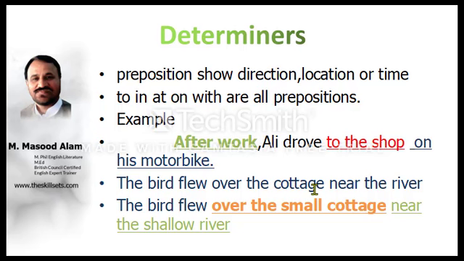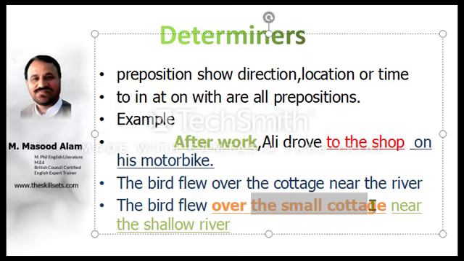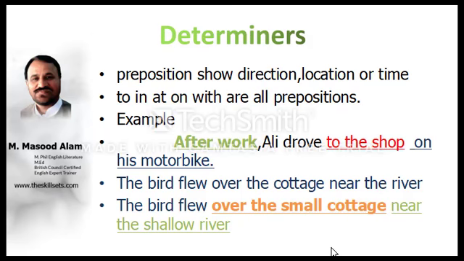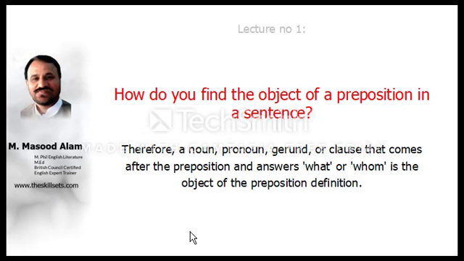Now these three words can be called the object of the preposition. So we can say that the object of a preposition has no concern with the number of words. It can include modifiers, and the addition of adjectives and adverbs as well. In this way we can recognize the object of the preposition.